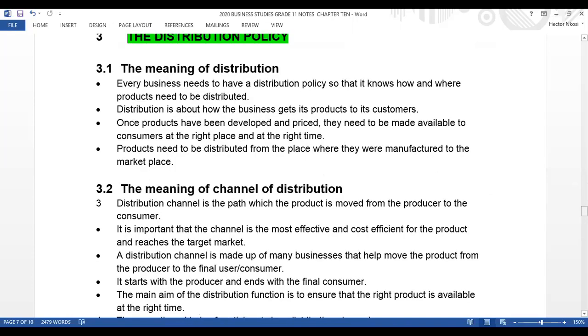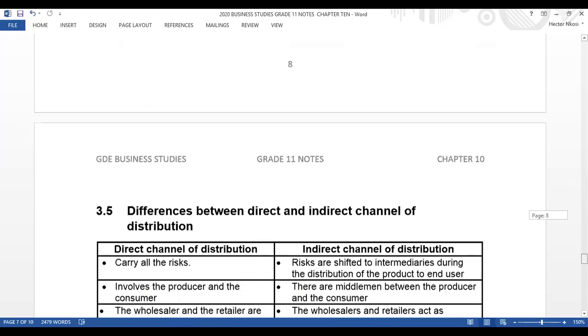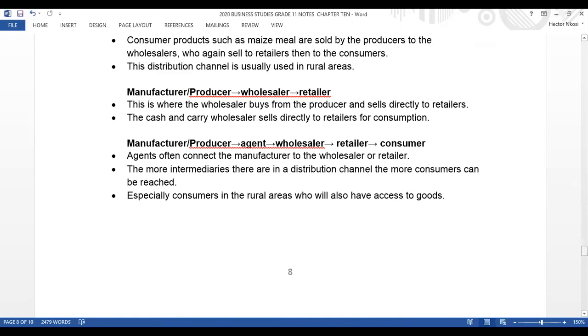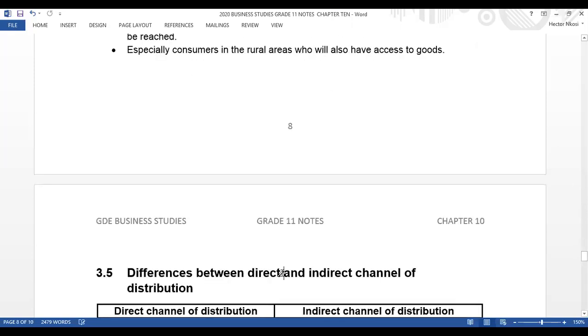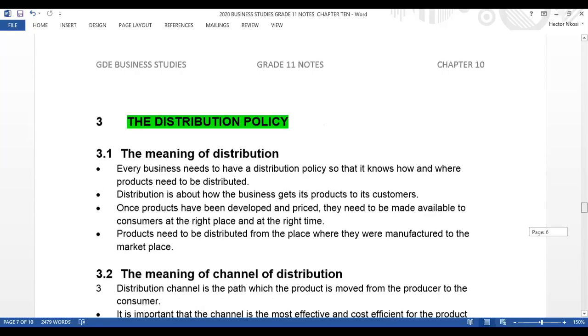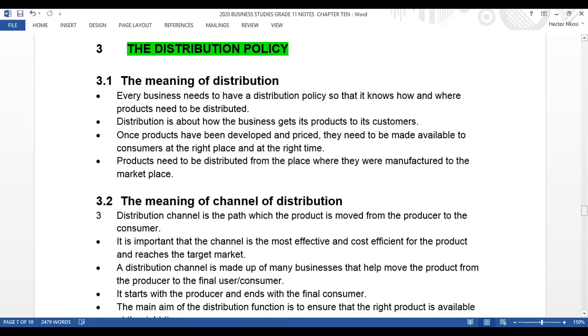Probably we'll end here, then from tomorrow we'll cover the differences between direct and indirect distribution channels, or maybe we can just end here. But let's see how we can push.